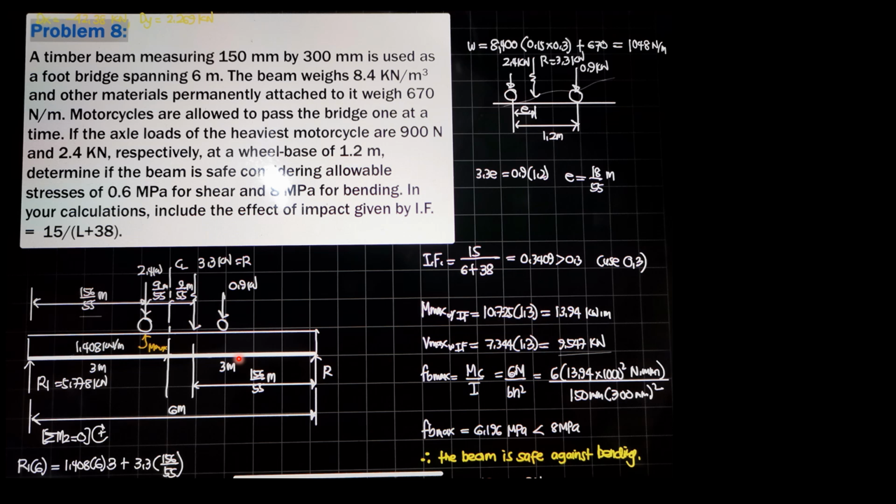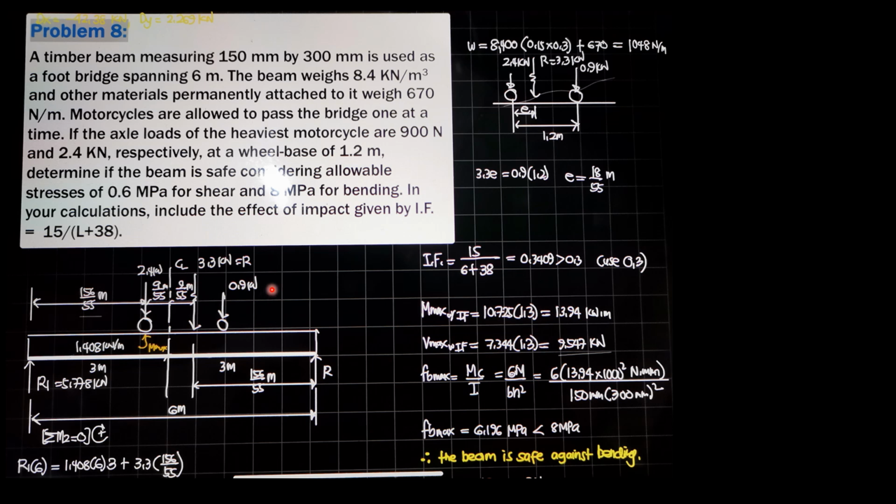So therefore, the absolute maximum moment is expected to occur under this heavier load. So with sense, because the heavier load, when closer to the center, will cause the maximum bending, and therefore will produce maximum bending stress also.